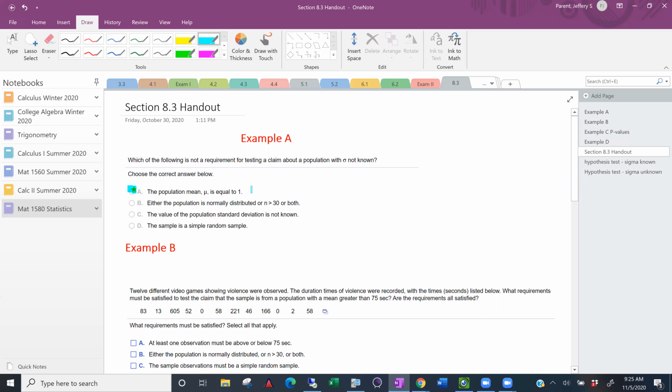The requirement that we don't need to worry about, that's not really part of a test like this, is that the mean is equal to 1. But we need to have that it's normally distributed or a sample size greater than 30, don't know the standard deviation, and then we have a simple random sample. So all three of those are going to be requirements.